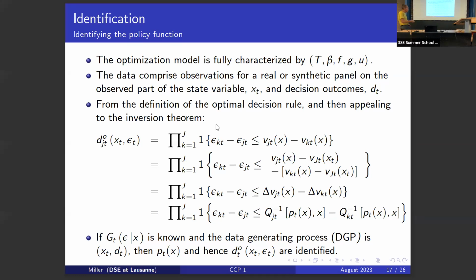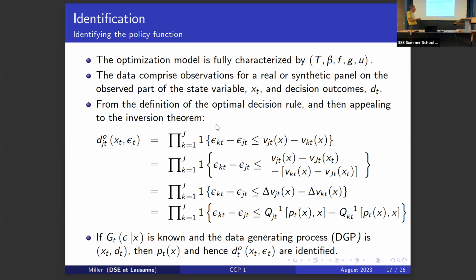So here's our optimal decision rule. And by definition, it's equal to this thing. Now I'm just subtracting these j's, so I get the deltas. Still our optimal decision rule. But this thing inverts. We have an inversion theorem, which depends on the conditional choice probabilities.